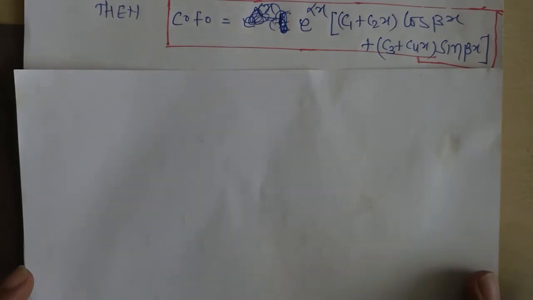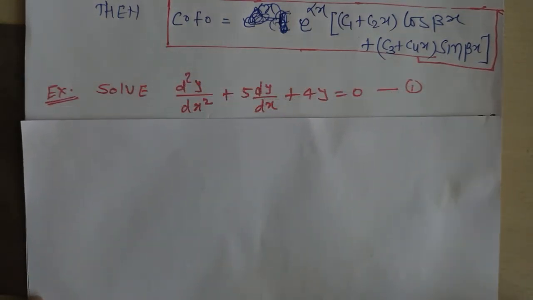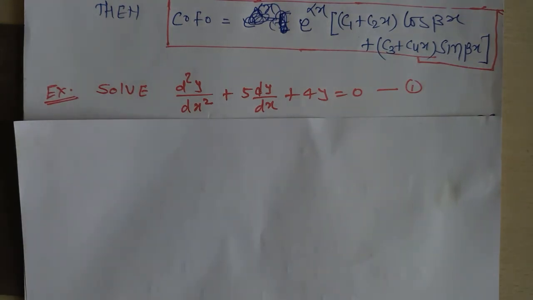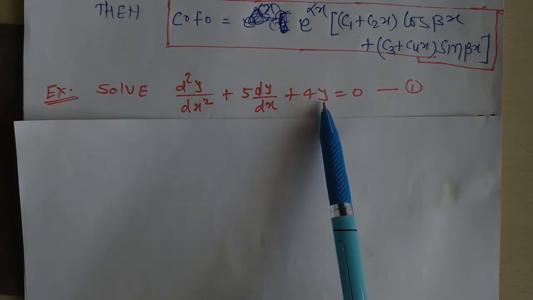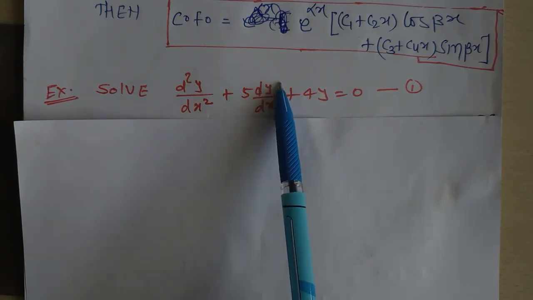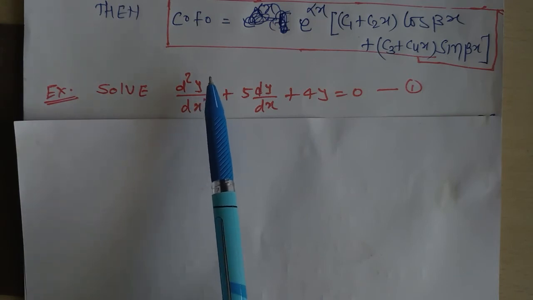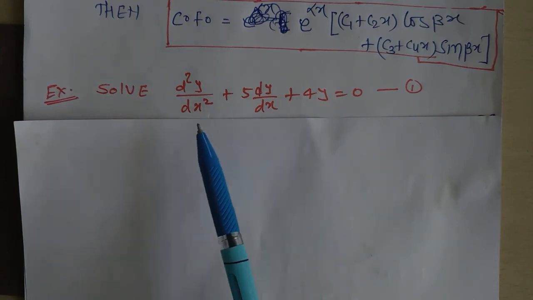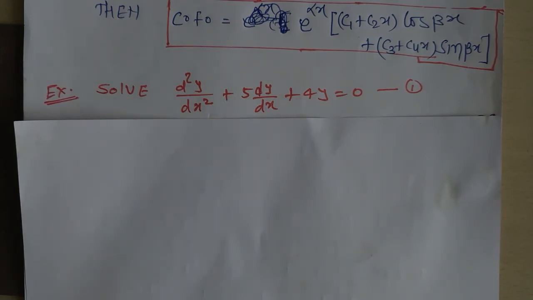So our first example is: solve d2y by dx2 plus 5 dy by dx plus 4y equal to 0. First we check whether it is a linear differential equation with constant coefficients or not. This is a higher order differential equation. Since y power 1, dy by dx power 1 and d2y by dx2 power 1, and further there is no multiplication term of y and its derivatives, therefore it is a linear differential equation.